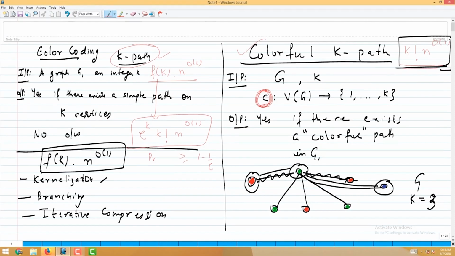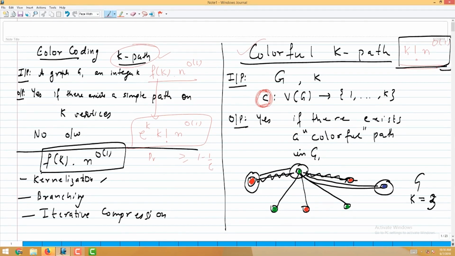So you can definitely not use color coding for clique. It's not true that the colorful version of the problem is always easier, but for many problems it is. For example, you can try to get an algorithm for colorful k cycle also. That's an easy thing. This is what I wanted to say about the color coding technique.